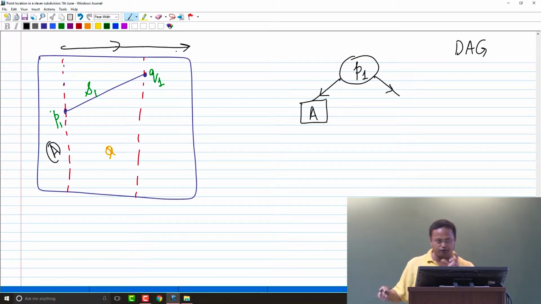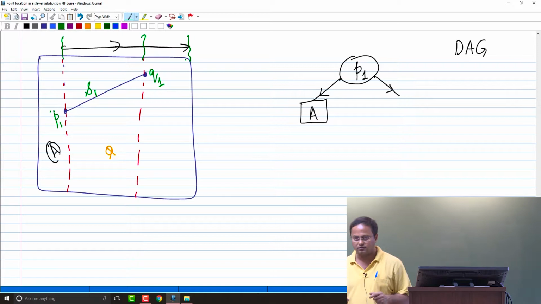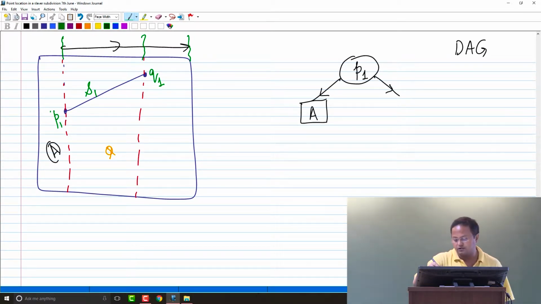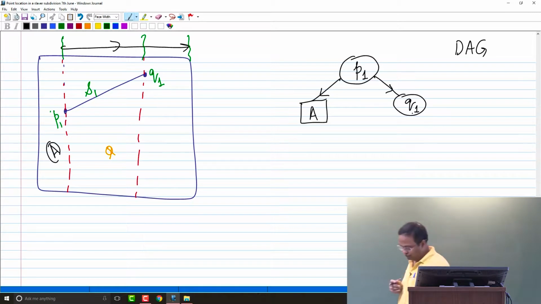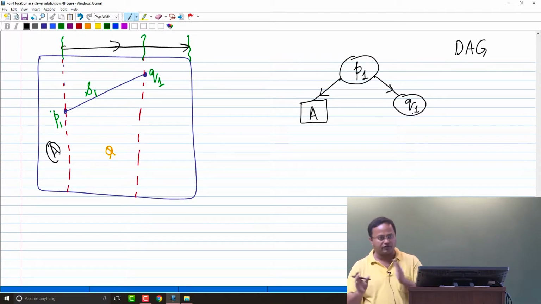So, first I have to figure out whether it is in this part of the slab or in this part of the slab. For that, surely Q1 is to the right of P1, so this left and right business is okay.